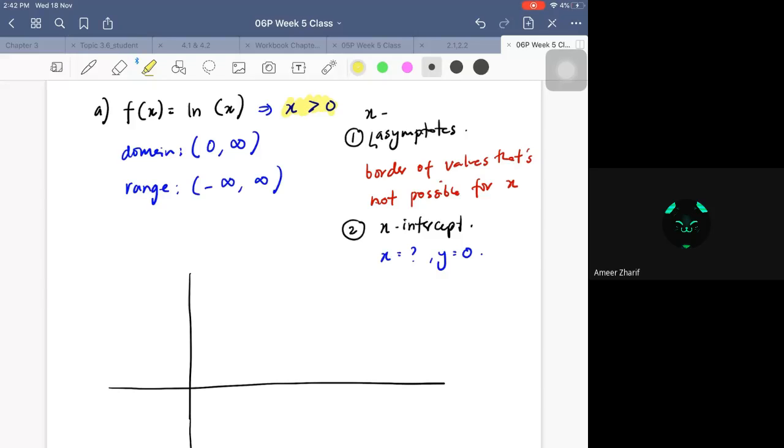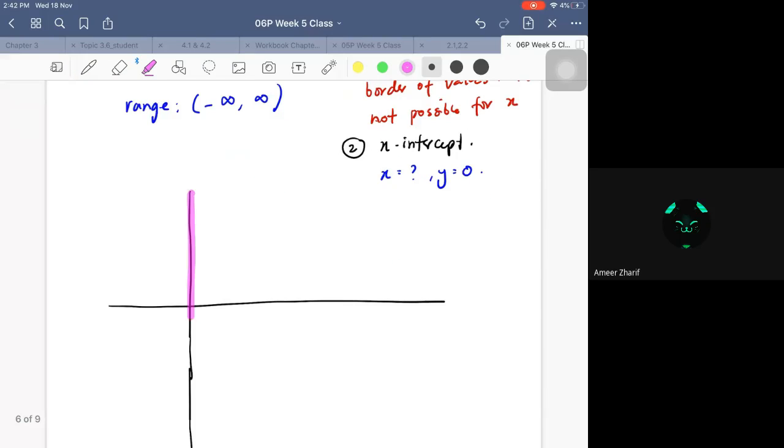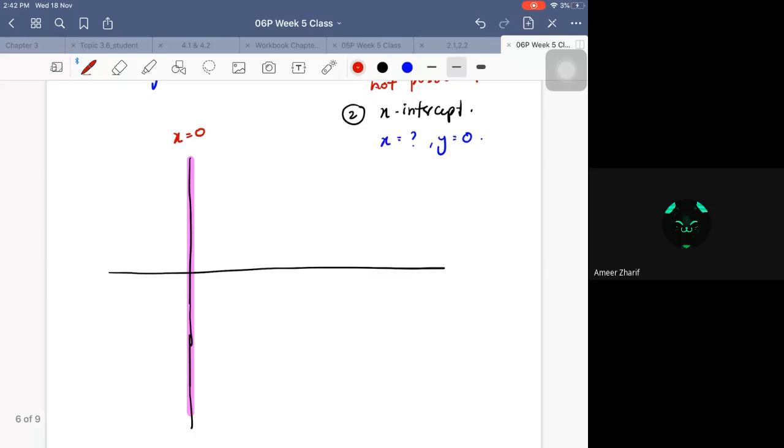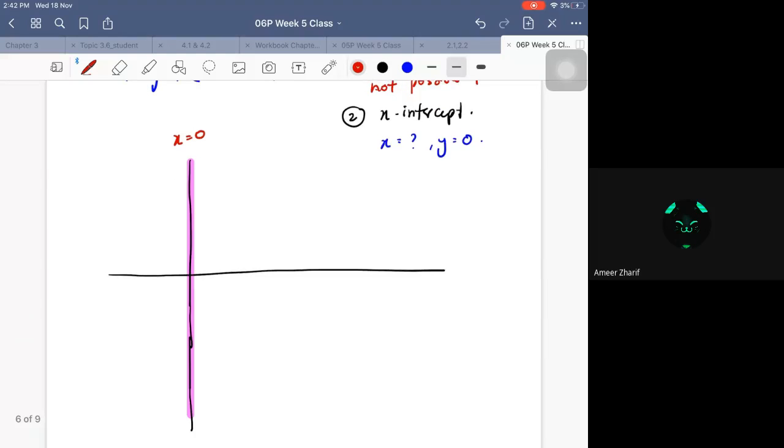So my asymptote is going to be at x equals 0, because x cannot be 0, it cannot be negative. So the border will be at 0, somewhere over here, which is right on the y-axis. So this is going to be the asymptote. Your graph shouldn't cross the asymptote. That is what the asymptote is for.